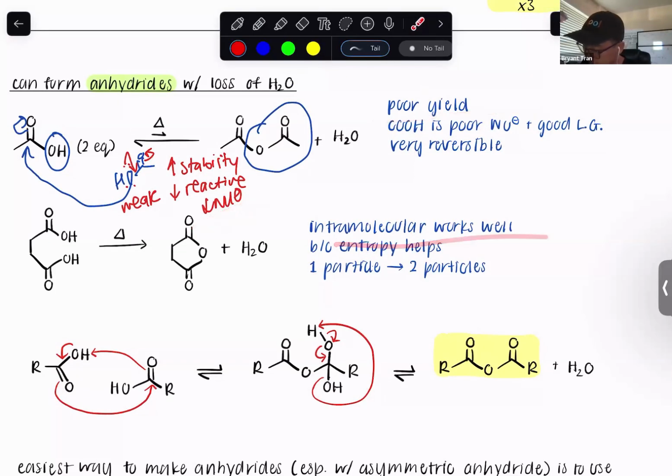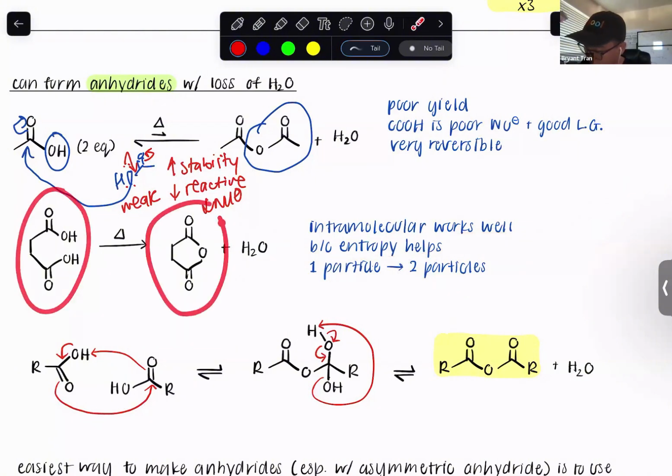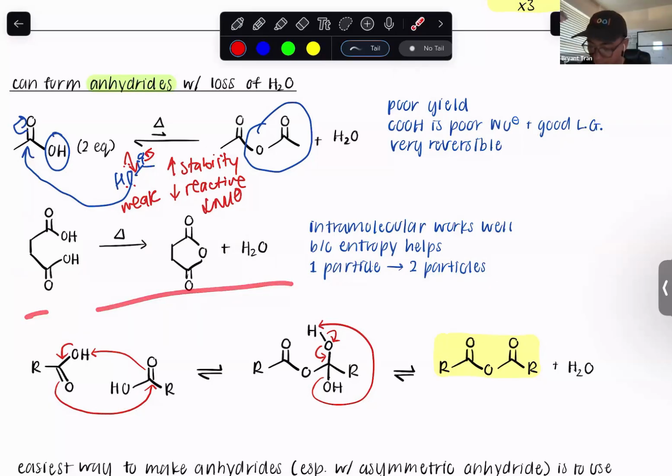Intramolecular reactions work well because we're going to produce water, create more randomness in the surrounding environment, which is a good thing, right? Because we start with one particle and then we get two particles. So this intramolecular reaction is faster than this intermolecular reaction, where the nucleophile and the electrophile are on separate molecules.